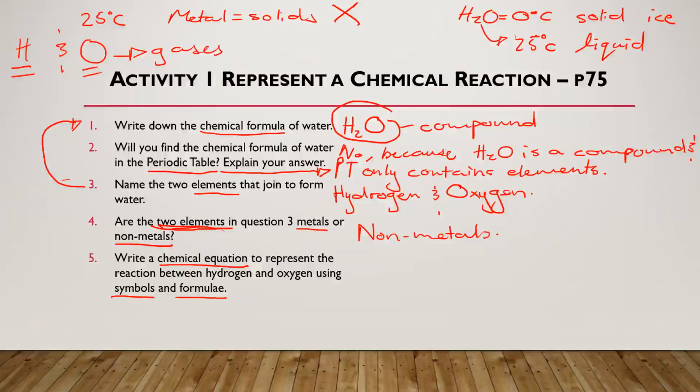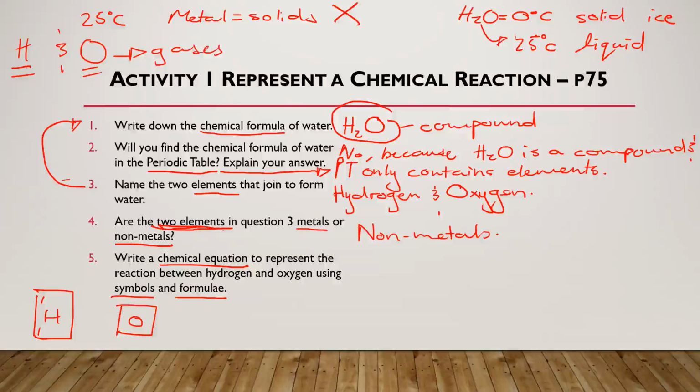Okay, question 5. Write a chemical equation to represent the reaction between hydrogen and oxygen using symbols and formula. So firstly, symbols. In your periodic table, here's your hydrogen and there's your oxygen. That's what your elements look like, except they have their atomic mass and atomic numbers.